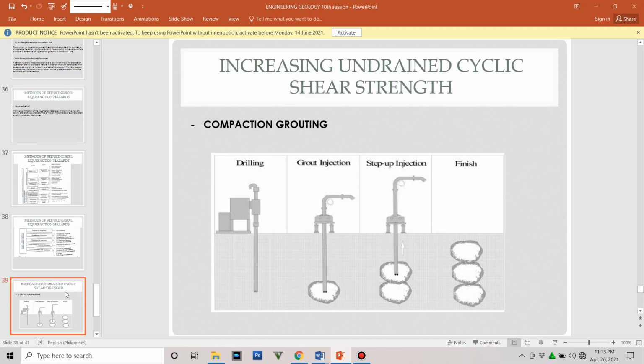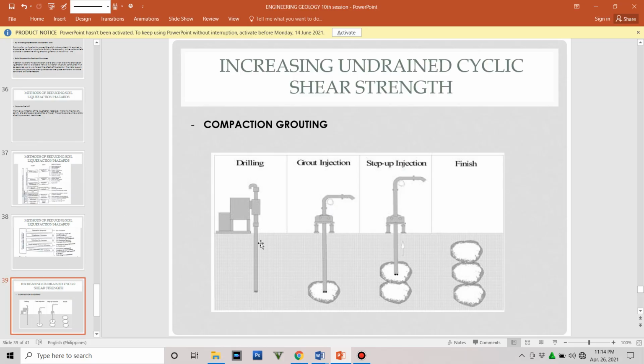Okay, so if we intend to increase the undrained cyclic shear strength, it can be obtained through a more stable skeleton of soil particles. So, ma-achieve natin to by solidification method. Yung nabanggit kanina, solidification. Ito yung tinatawag na compaction grouting.